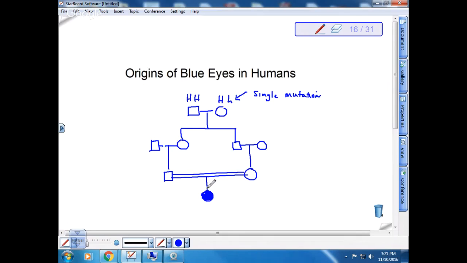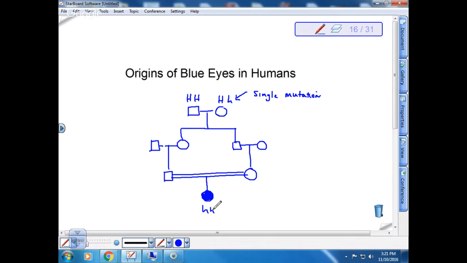And then if you have individuals that have gotten that mutation from their ancestor and they mate together, and this is first cousins, and when you draw your pedigree, first cousins, or if you have closely related individuals, you always use double lines, right? And then you get an offspring with it. So this one mutation was passed down, and then this offspring has the mutation.